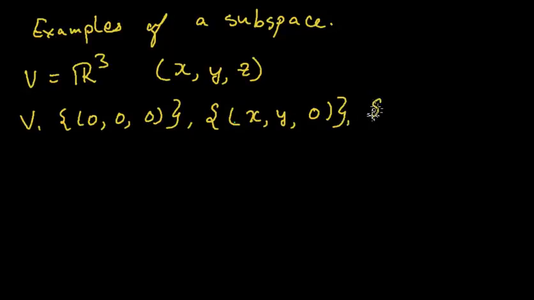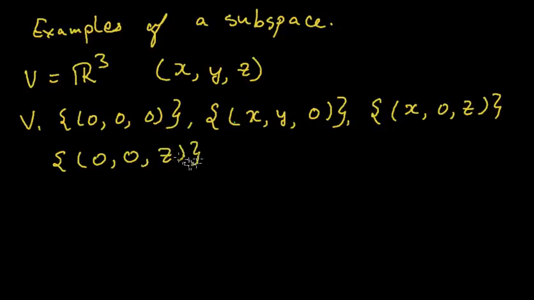Another vector space could be x comma 0 comma z. Another vector space could be the set of all 0 comma 0 comma z. This is a one dimensional vector space, and this is a subvector space of this.